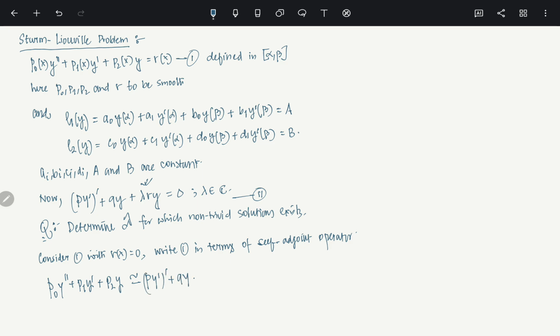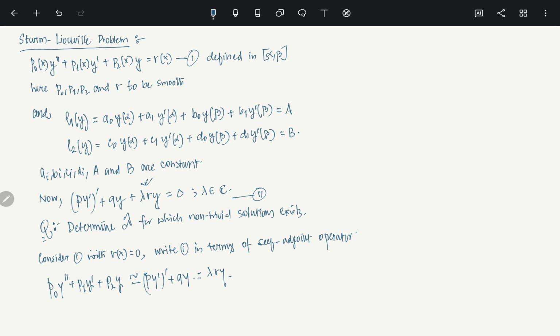Now the question is, let's say this is equal to lambda times some ry. Lambda can be positive, negative, it doesn't matter, it can be complex also. So let's say we want to find out for which values of lambda this is equal to lambda times ry.